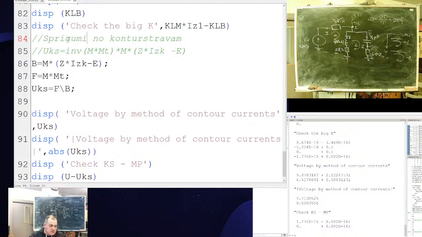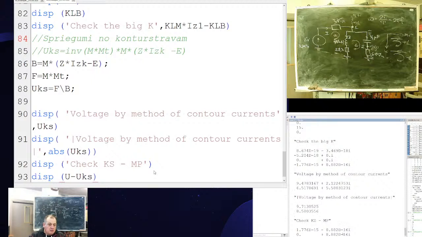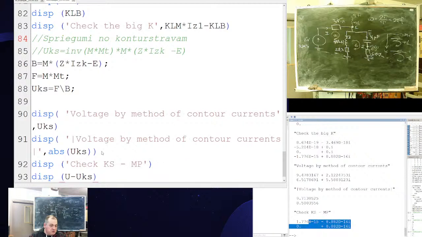Voltages by method of contour currents, difference between nodal admittance and contour currents. Very nice, 16 digits.